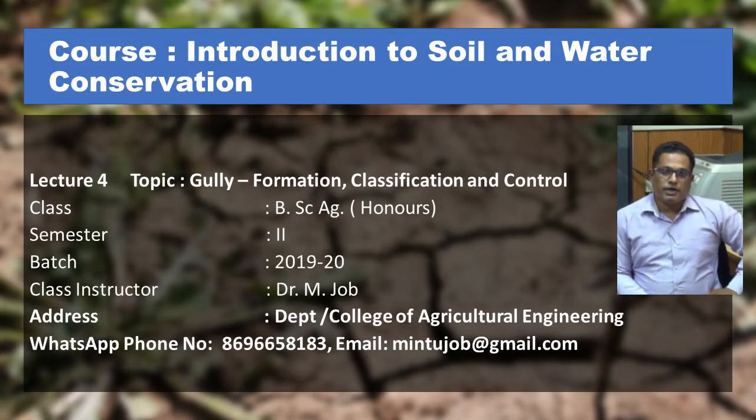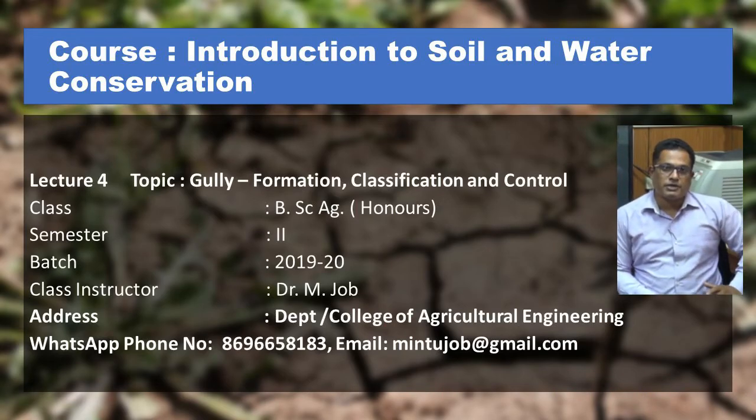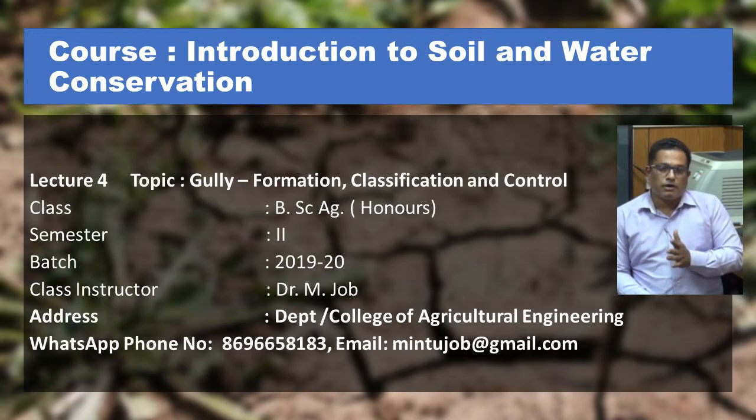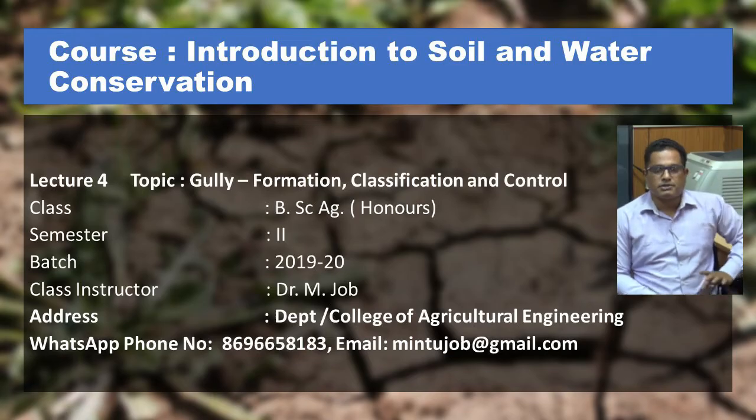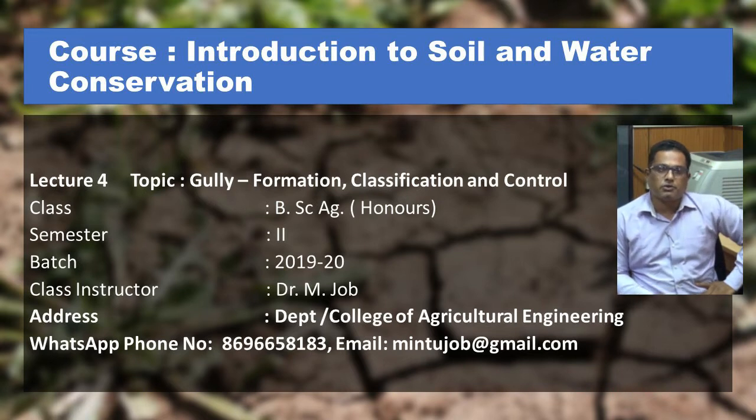As you know, we have discussed, gully erosion is an advanced form of rill erosion. If rill erosion is not controlled, what is rill erosion again? Rills are small rivulets or small streams, finger-shaped streams, nalas, which occur when there is excess rainfall after sheet erosion.